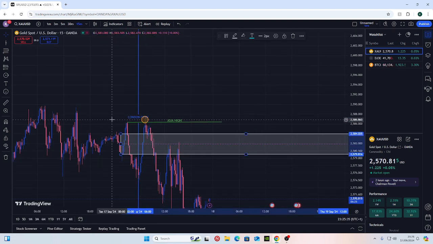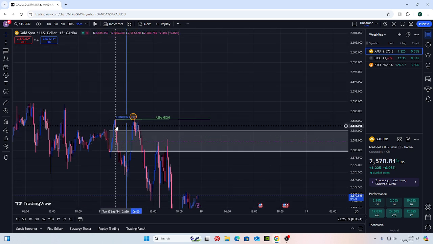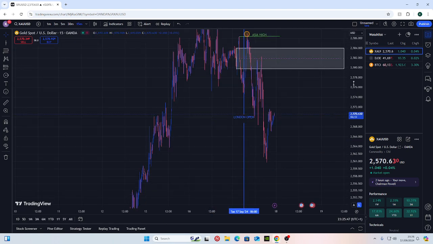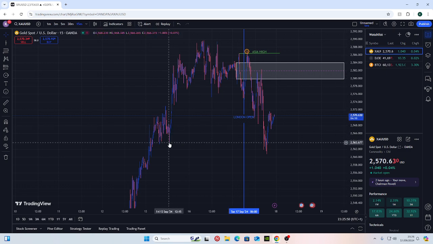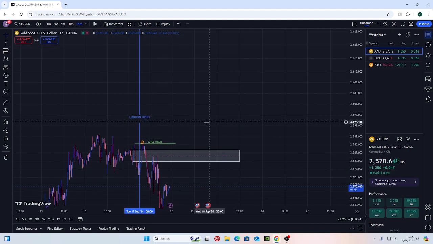No, that's that. Boom. But that's it in play. London Open swept an Asian high straight down to New York Open. So again, it is a good trade.